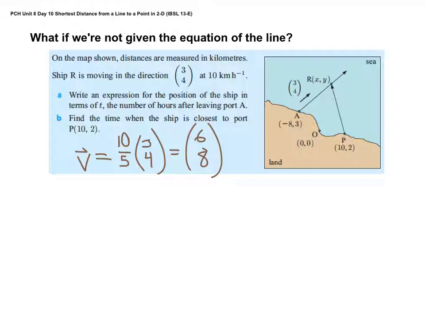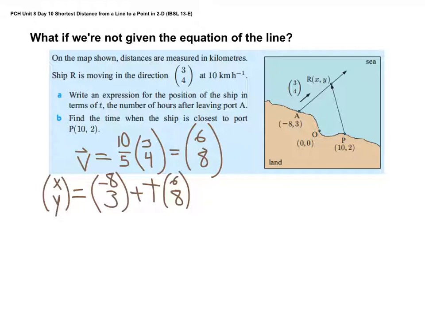The point xy is going to equal, what's our starting point? Looking at the picture here, negative 8, 3. So negative 8, 3 plus t times 6, 8. Is that what they're asking for in question A? That's correct.